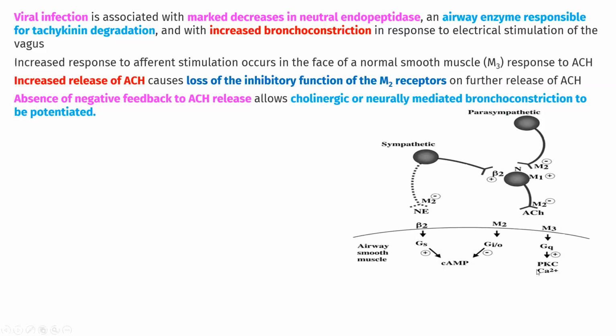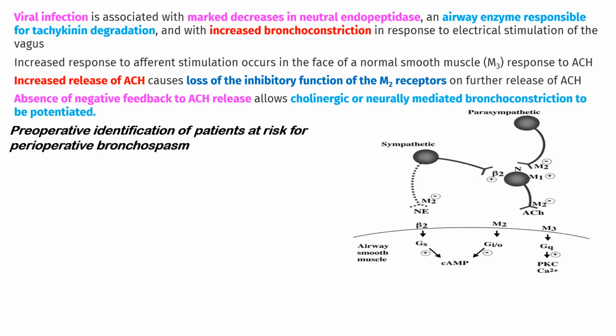That is how bronchospasm occurs. And that can be inhibited either by decreasing the production of calcium inside the smooth muscle or by increasing the level of cyclic AMP. That is mainly regulated by M2. So it is the M2 receptor function which is getting affected in this particular mechanism of bronchoconstriction.